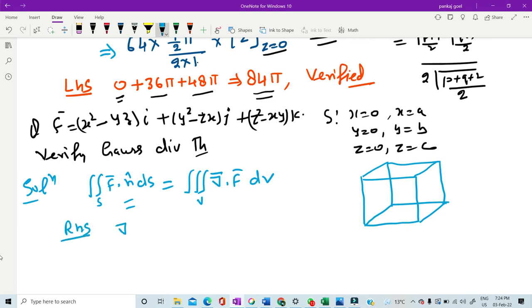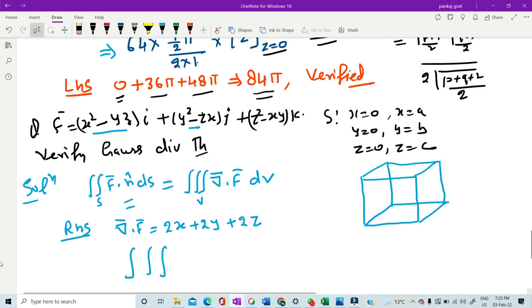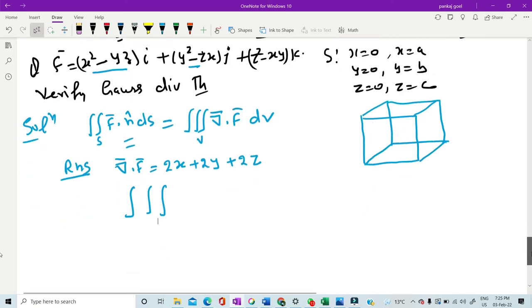Del dot F. What is the value of del dot F? The differentiation of the first term with respect to x is 2x. Differentiation of the second with respect to y is 2y, and the next one is 2z. This is del dot F. Now the integration is a triple integration. As you know, this is a cuboid. The limit is from 0 to a, 0 to b, 0 to c.